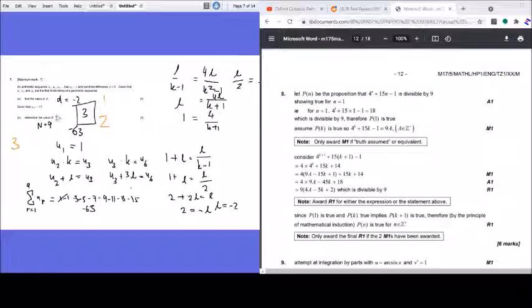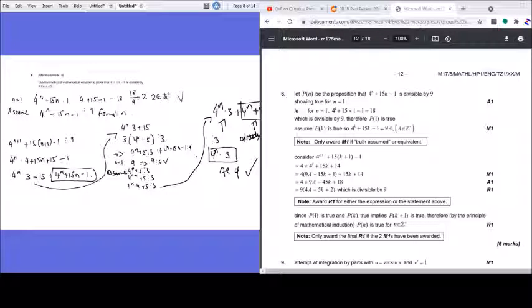Let P_n be the proposition that it is divisible by 9. Showing true for n equals 1, which is divisible by 9, so P_1 is true. Then assume truth for k. I could do that. Consider now k plus 1, so we would be able to get this now. They didn't do the two steps.